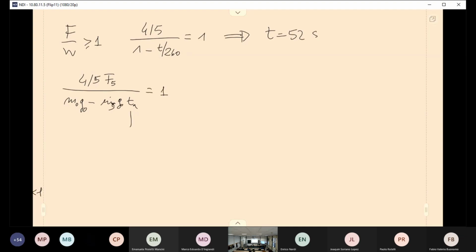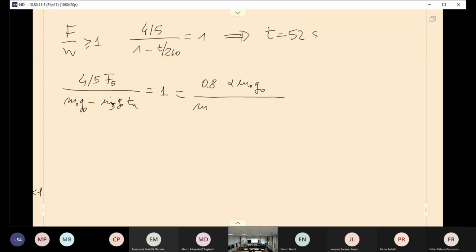And our unknown now is F5 in a sense. So F5 will be 0.8 alpha M0 G0. Well, alpha is this acceleration that we took 1 in the first case.